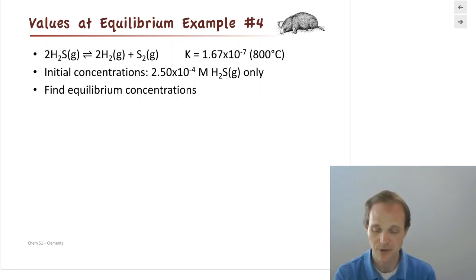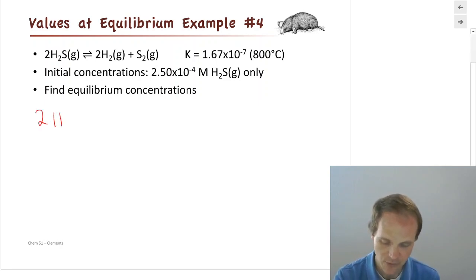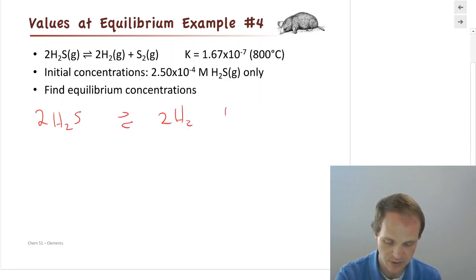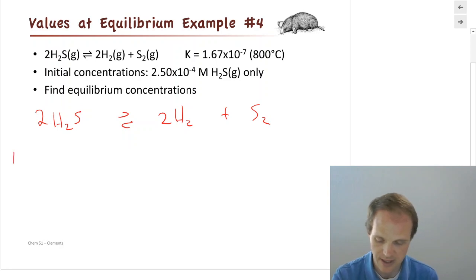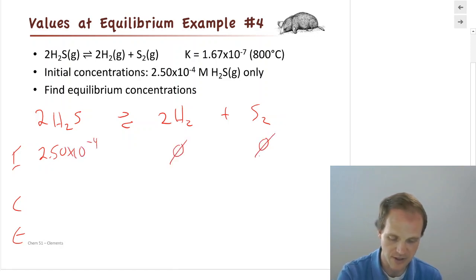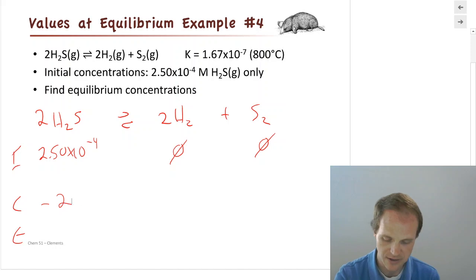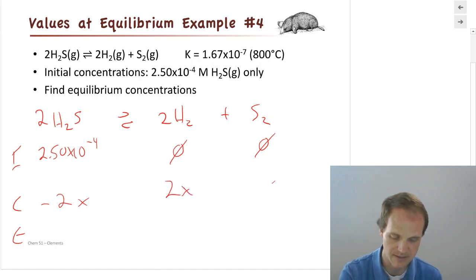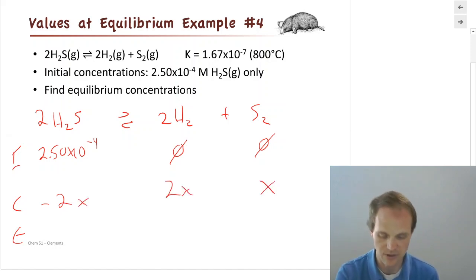I'm going to go through this pretty fast since this is our 4th time making our ICE table. So we've got 2H2S goes to 2H2 plus S2. Initial concentration 2.50 times 10 to the minus 4th. No hydrogen, no sulfur. We're going to react 2x, make 2x, make x, right? All those stoichiometric coefficients.